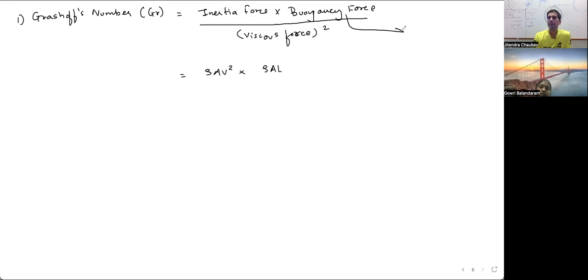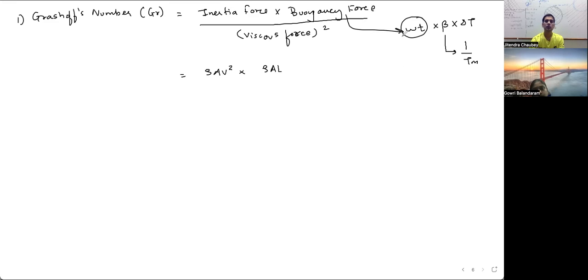But in thermal subjects, it is not just about weight. It becomes weight into coefficient of expansion into temperature difference, the temperature difference between the fluid and the surface which is in contact with it.